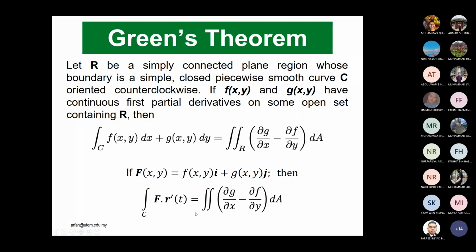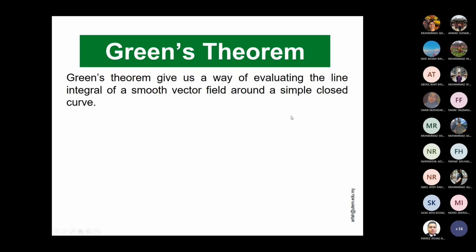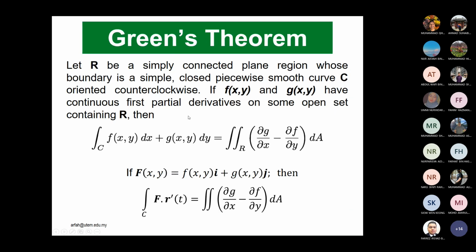From the line integral, we turn into the surface integral, how you are going to find the flux over the given surface. You have a surface, rather than just the line itself.